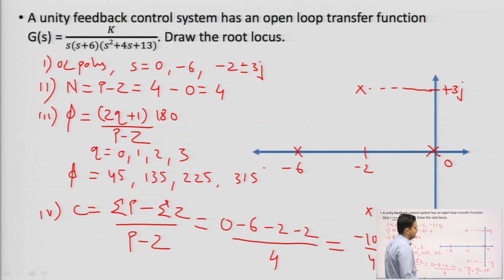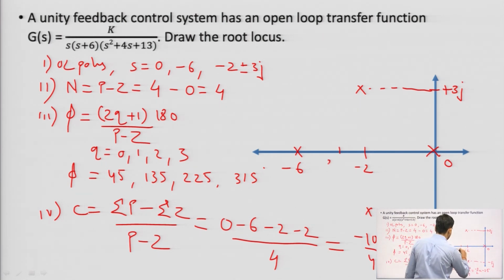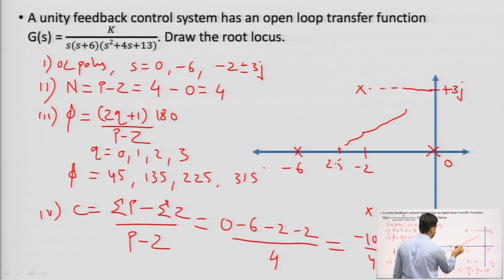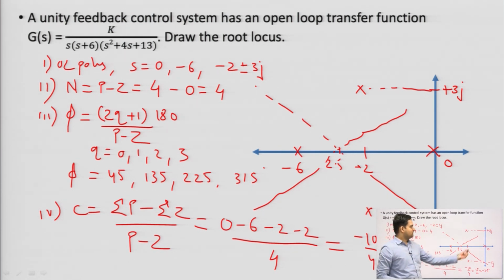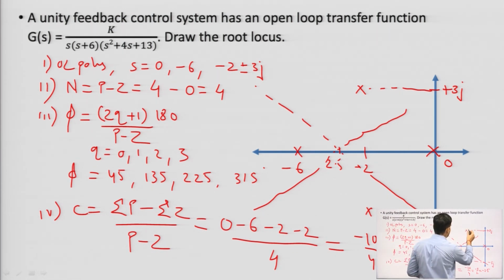Before that, we would like to know the angle of departure. If I draw from minus 2.5, one angle is 45, one is 135, then 225, then 315. Okay, now we would like to see how this complex pole will depart. So we need to calculate the angle of departure, phi. I have to assume this is my pole.